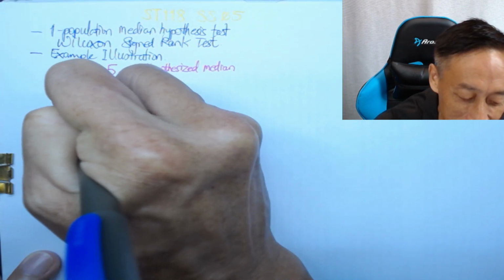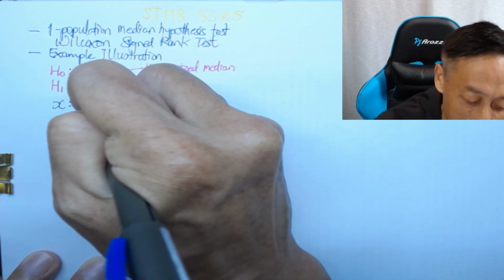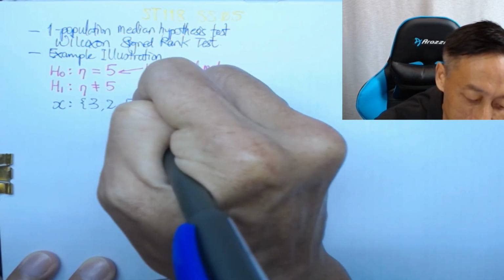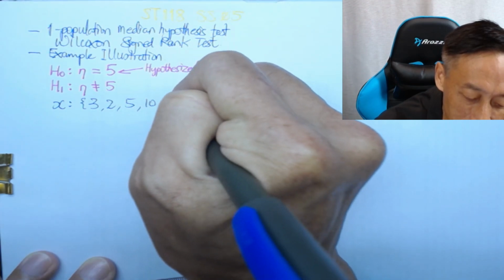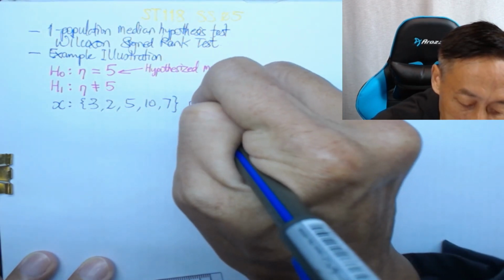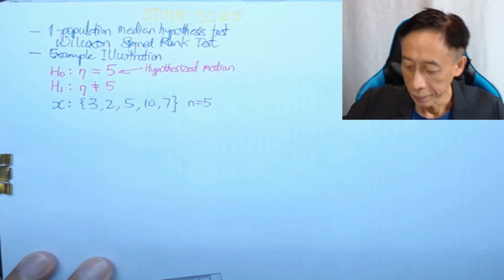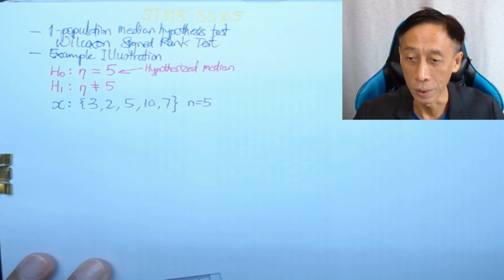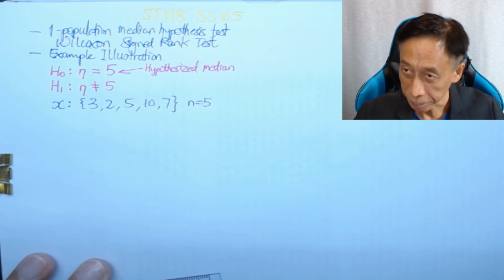So let's say X is the sample. We have 3, 2, 5, 10, 7. Okay, so very, very simple. Clearly, n equals 5. Now we want to test the hypothesis, and we wrote down that hypothesis.